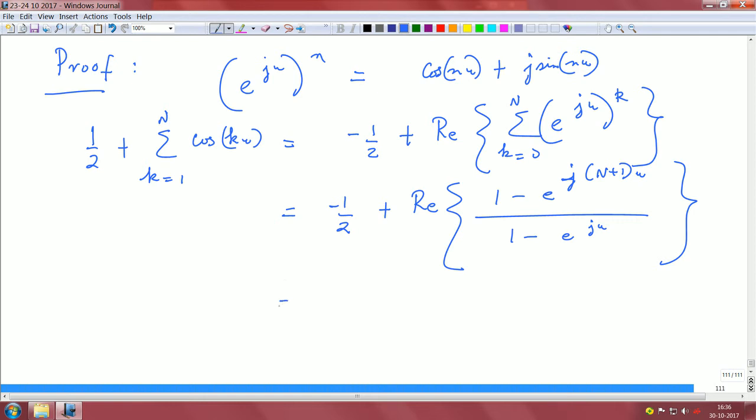Now you simplify this further, it is minus half plus real part, I will get e power minus j u upon 2 minus e power j (n plus half) u.